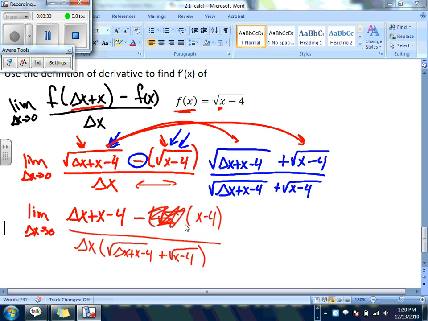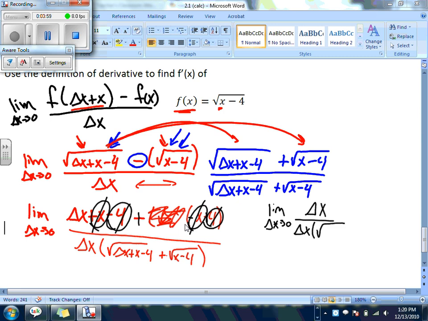So if you notice on the top, we'll combine like terms. This x is going to cancel out with this x. We have a plus x and a minus x. We have a minus 4 and a plus 4. They're going to cancel out. So all we have left over on the top is the limit as change of x approaches 0 of change of x, all over change of x times the square root of change of x plus x minus 4 plus the square root of x minus 4.